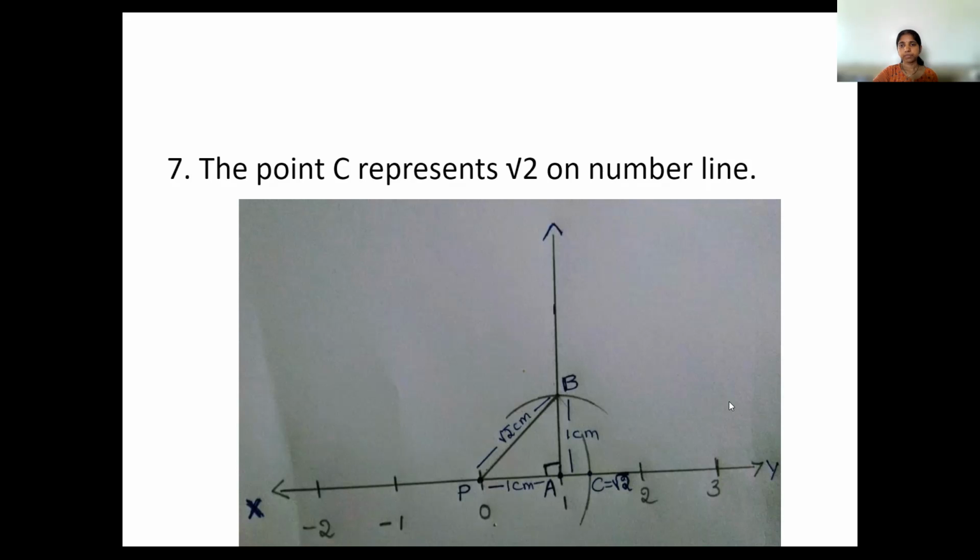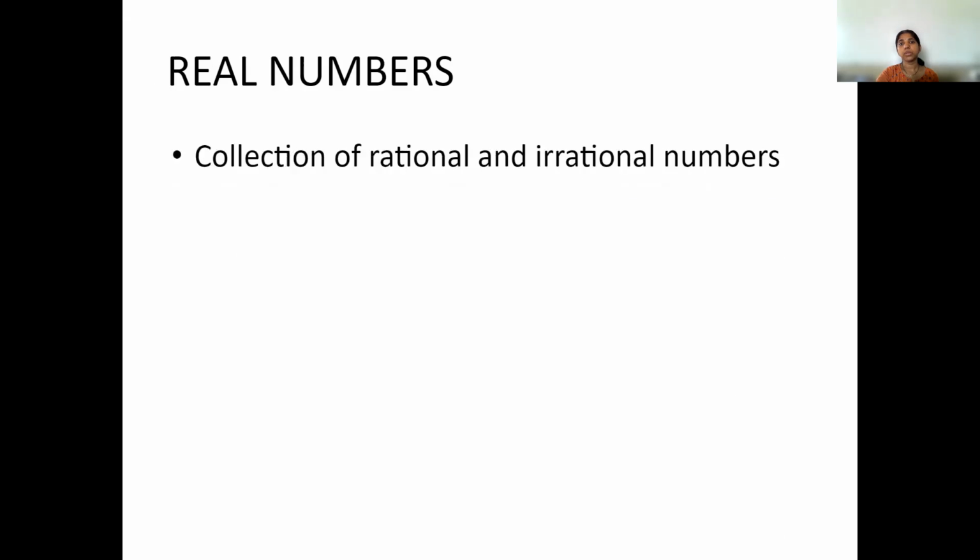So next, we will learn about the real numbers. What are real numbers? Real numbers are the mixture of rational numbers and irrational numbers. So now here we are going to learn how to represent a decimal expansion of real numbers.